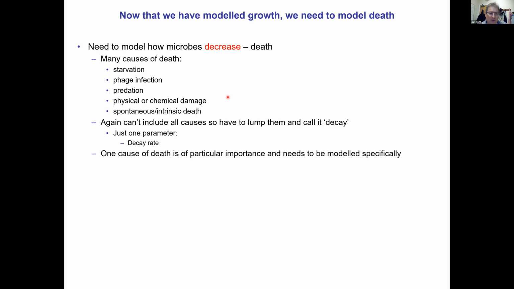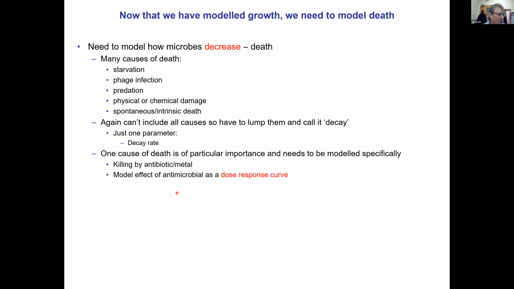But in terms of modeling antimicrobial resistance dynamics, we've got to include one particular kind of death separately, and that is the death caused by antibiotics or disinfectants or heavy metals or whatever kills cells.